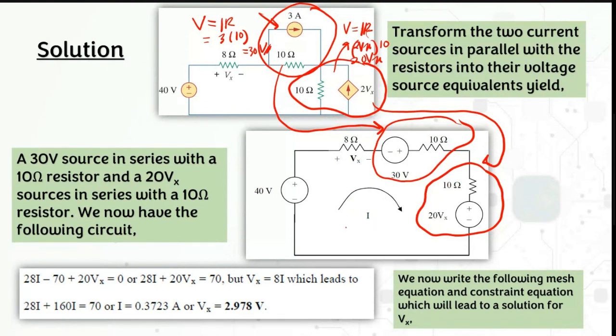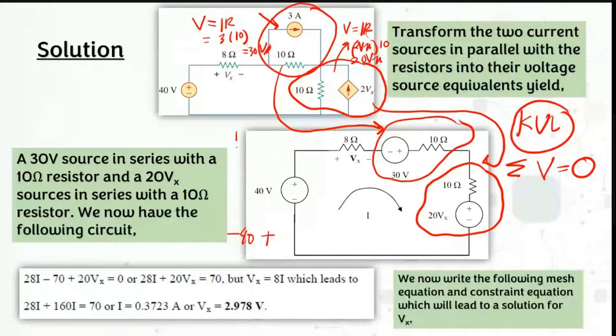This is actually the KVL, Kirchhoff's voltage law, where the summation of voltage equal to 0. Just follow the current direction here, which is clockwise. You can start from here, which is negative 40.